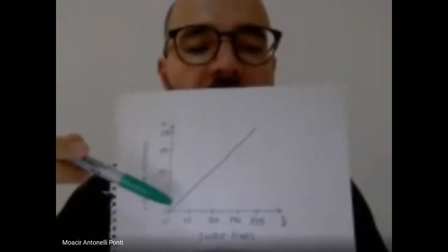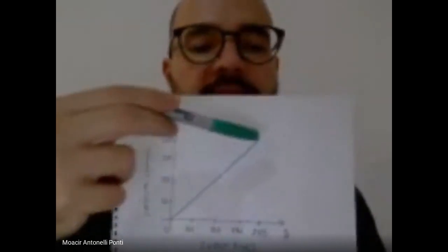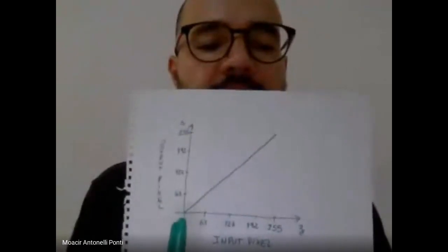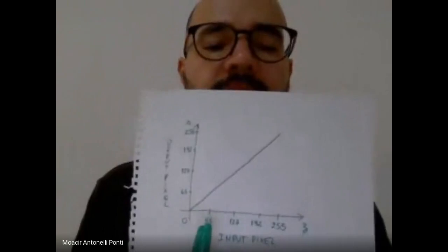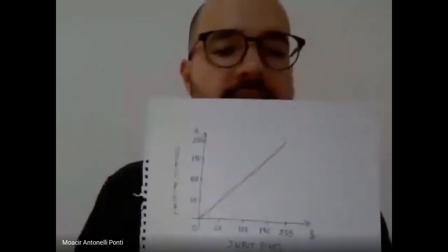So I draw here a function that is the identity function. That means when I have a 0 input pixel, the output is also 0. If I have a 63 as input, we also have a 63 as output.